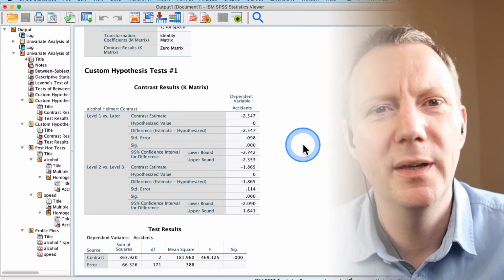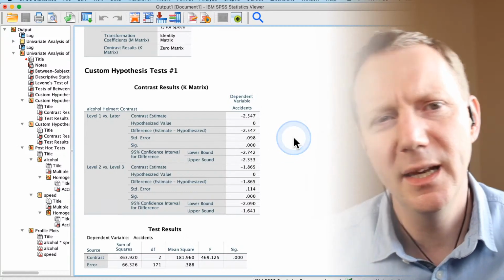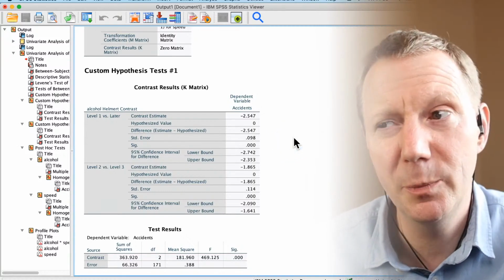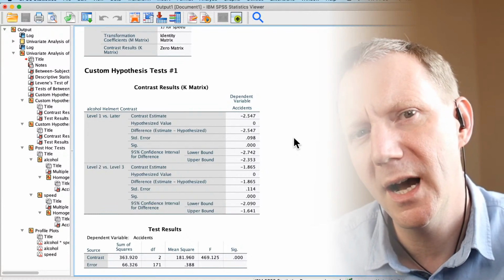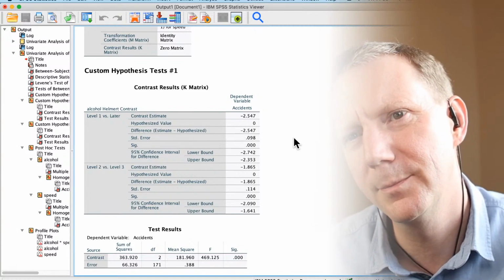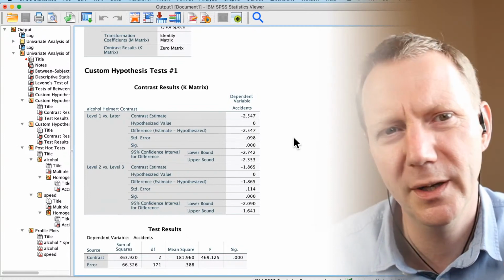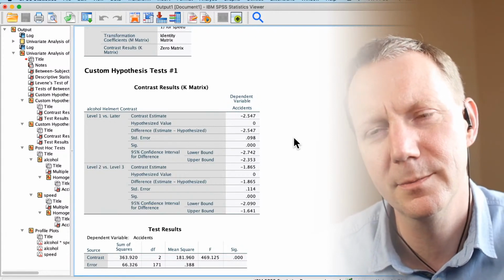Yeah, I think it would be obvious to use the same one, but again, it depends a little bit on your hypothesis. It could be that for one of the independent variables you would have a different hypothesis than for the other one. So if that were the case, you could choose to go for a different type of contrast.